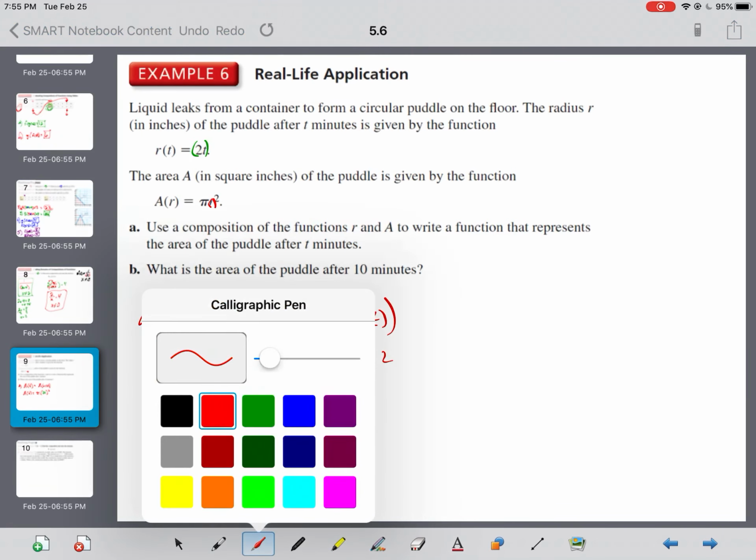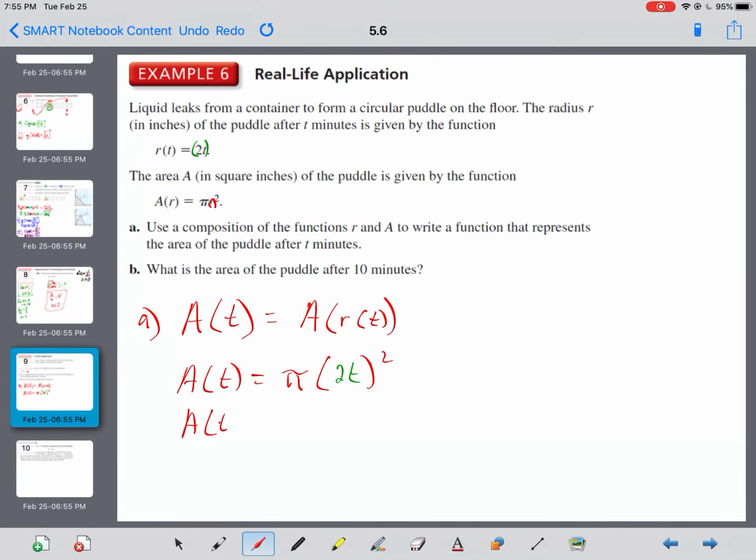So we're going to plug in the 2t here, and we're going to simplify. A of t equals pi. This 2 goes on the 2 and the t in this instance. It's not a binomial, it's a monomial. So everybody gets an exponent of 2. 2 squared is 4. t squared is t squared, so 4 pi t squared. That would be our function, where area is in terms of time.